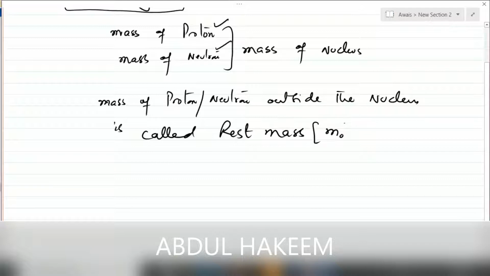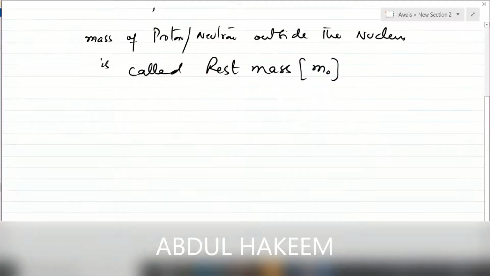It is represented by m naught, and the value of m naught is 1.67 into 10 power minus 27 kilogram.